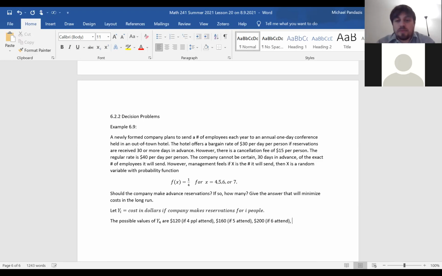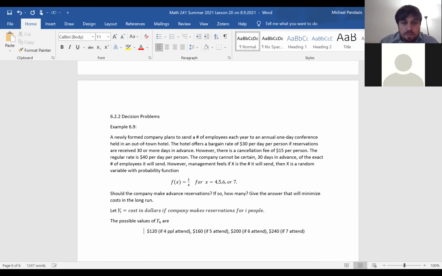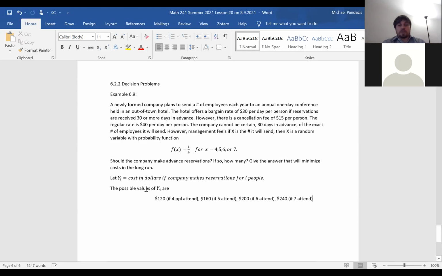The other possible amount is that 7 people attend. If 7 people attend, the 1 additional person has to pay the regular fee. That's another $40 in addition to the 200. And so that's $240 if 7 attend. So the possible values of y sub 4 are $120, $160, $200, and $240.